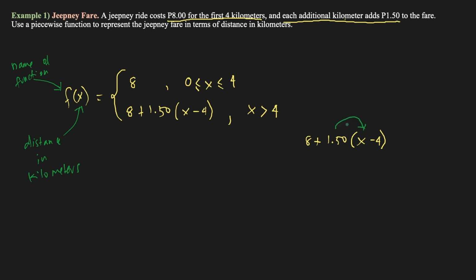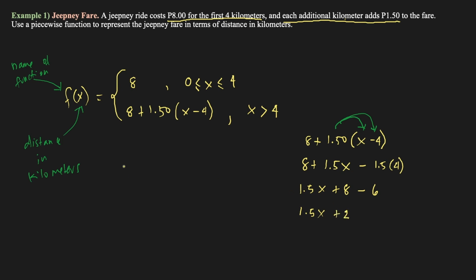Using distributive property, we can have 8 plus 1.5x minus 1.5 times 4. So we can have 1.5x plus 8 minus 1.5 times 4, which is 6. So finally, we have 1.5x plus 2.